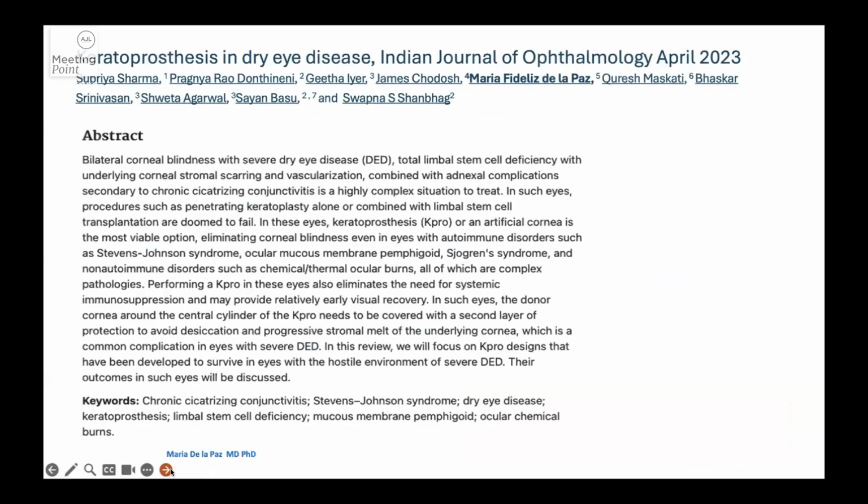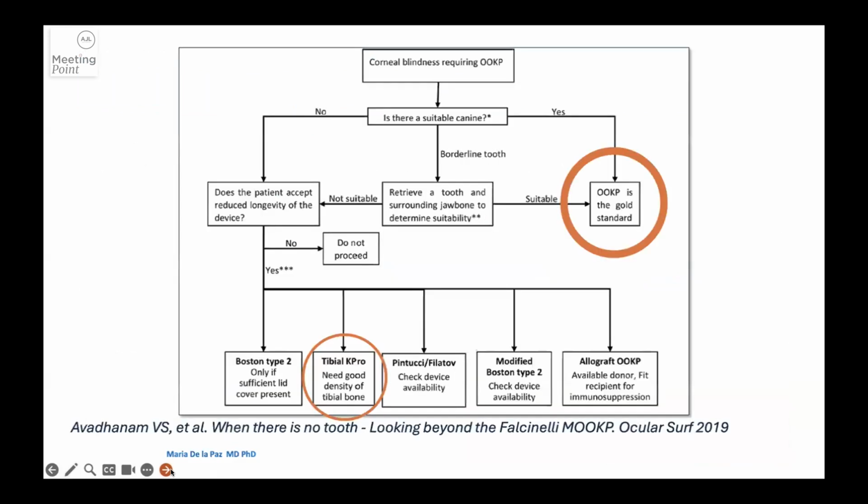So, dry non-blinking eye. If you haven't read this article by Sharma et al., it is a very interesting and nice article which summarizes the different keratoprostheses that you have at hand for cases with dry eye. And this diagram simplifies how you can decide on what material to use if you know that your patient requires an OOKP.